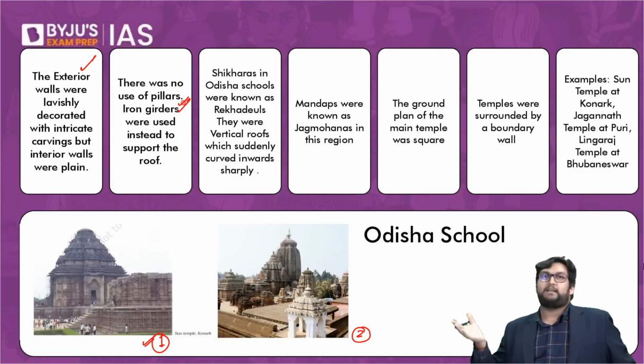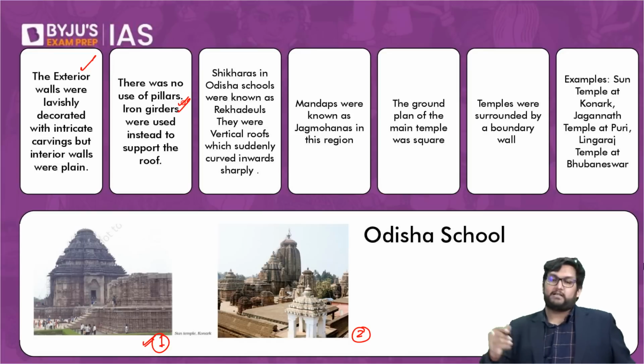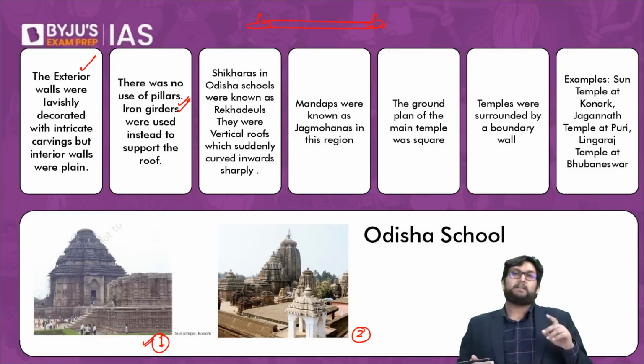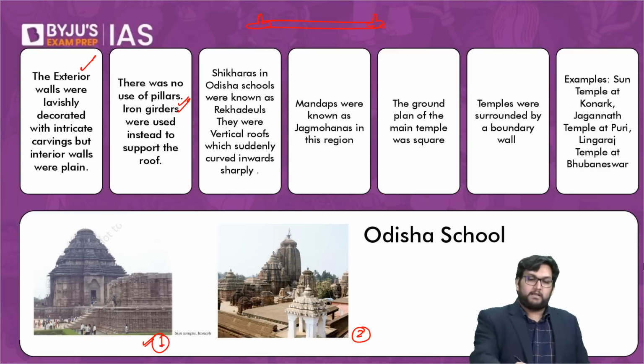And to keep that red stone intact, there is a small girder there. Iron girder looks like this, like a railway track. It looks like this, and on it the red stones are kept. That girder is basically used to make the roofs.